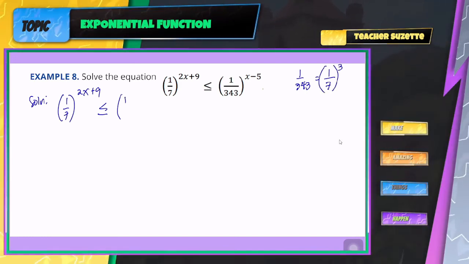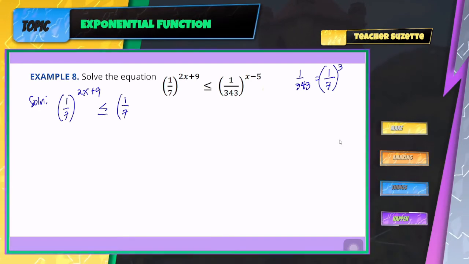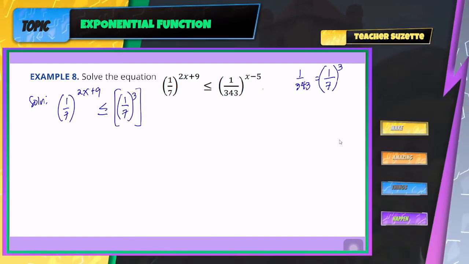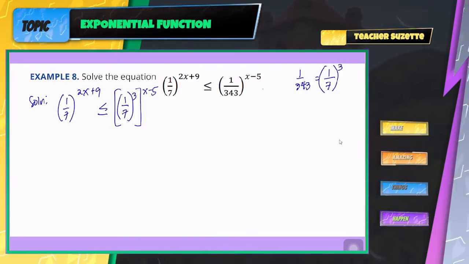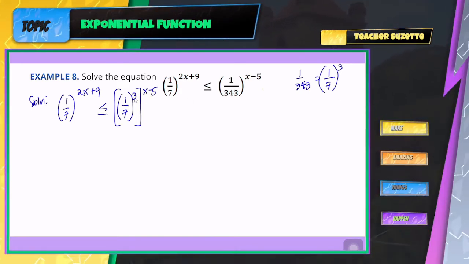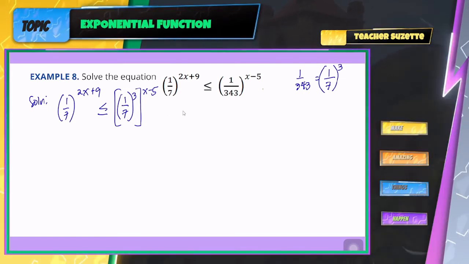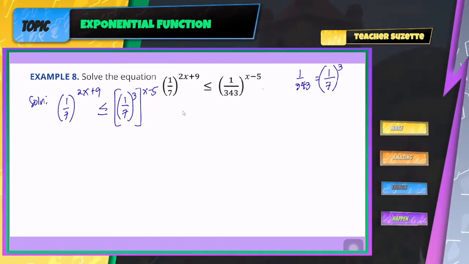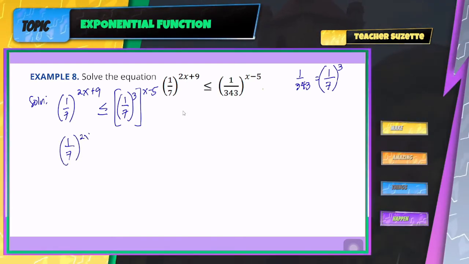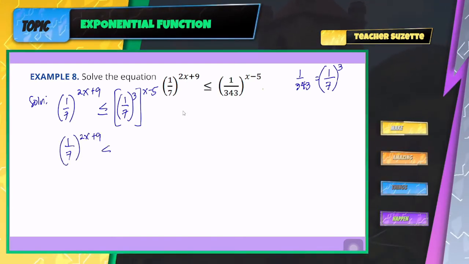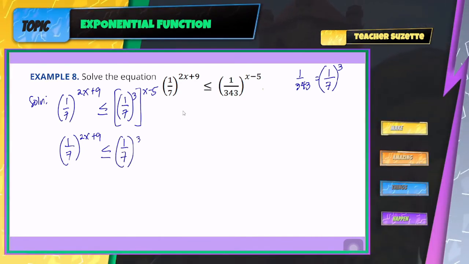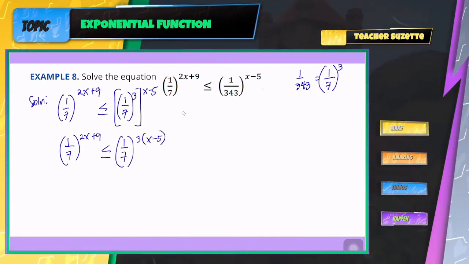So, that is 1 over 7 raised to 3, raised to x minus 5. Then, simplify natin itong ating exponent raised by another exponent, power by a power. So, you will have 1 over 7 raised to 2x plus 9 less than or equal to 1 over 7 raised to 3 times x minus 5.